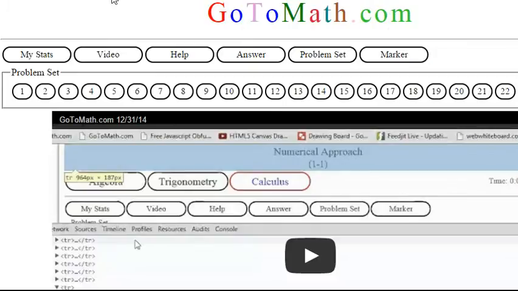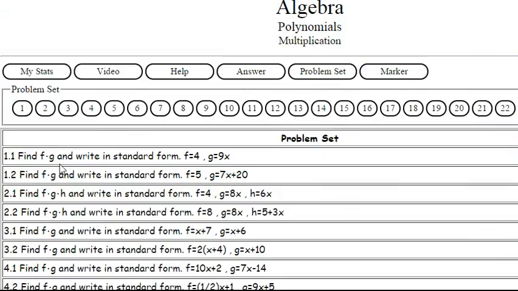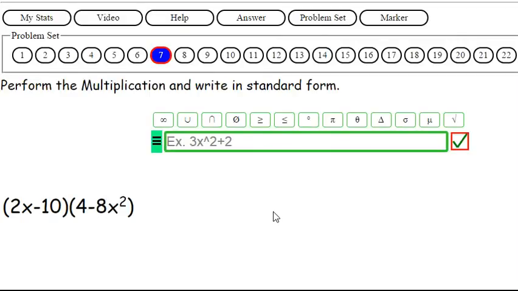Okay, we're over here at gotomath.com. Click on the algebra. Let's go down to multiplication. And I think we just did 7.1. So let's look at that one. Actually, it looks like one we did earlier. Not quite. Alright, so this is going to be 7.2.